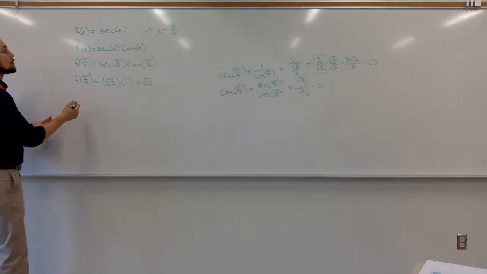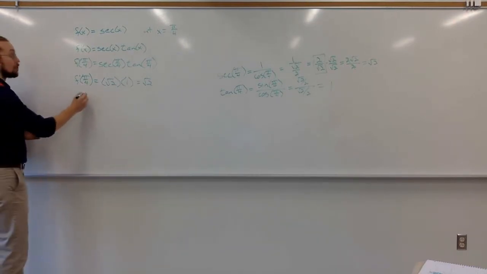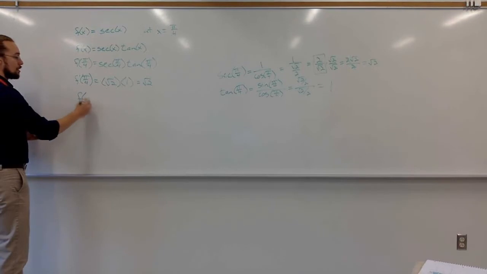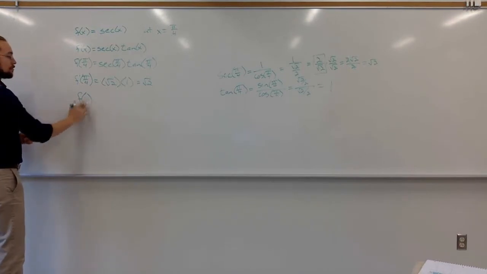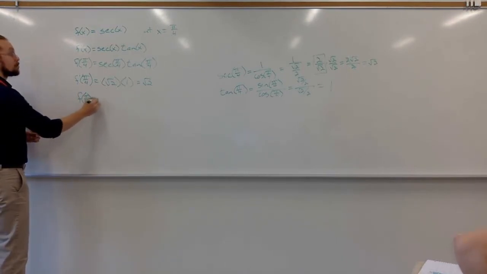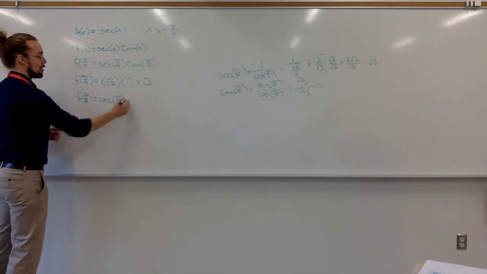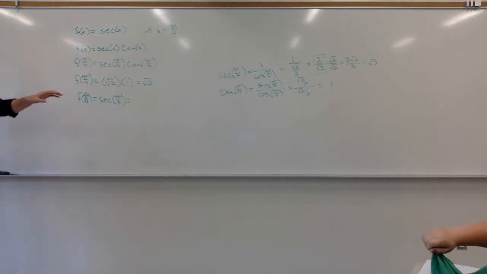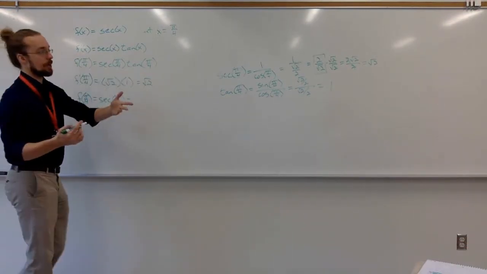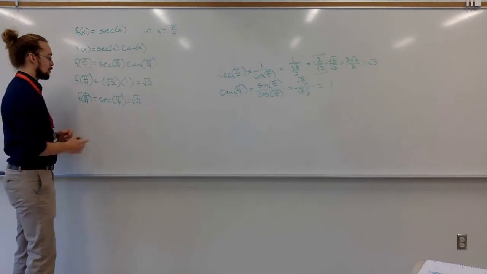So then we also need the actual value, f of pi over 4. So I'm just plugging pi over 4 into secant. We already determined that secant of pi over 4 was just radical 2.